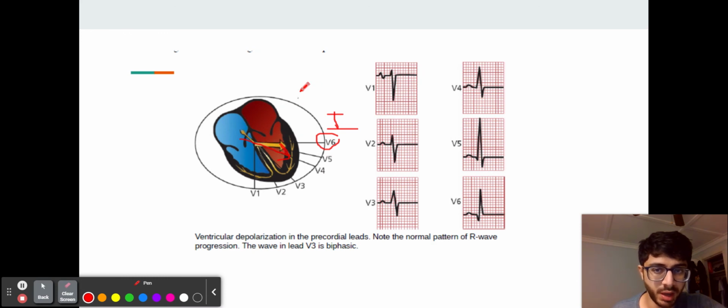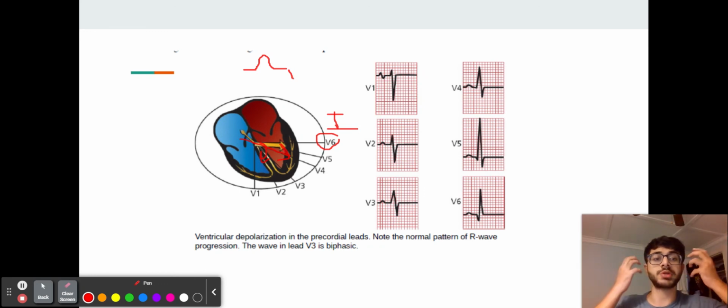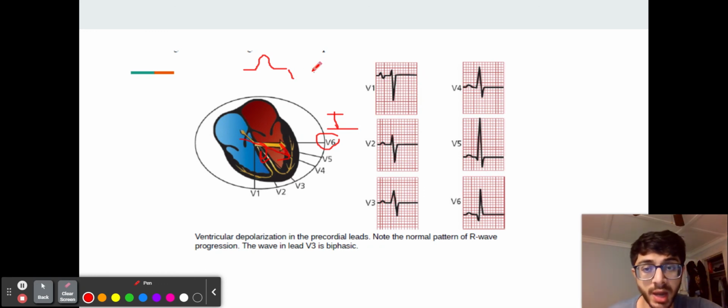V6 will first receive a positive P wave. Then some electricity will go off through the septal fascicle, and V6 is very sensitive to that. So V6 will know that some electricity just went away from me, and then it will receive the entire electrical signal for the ventricular depolarization, and there should be a huge R wave.